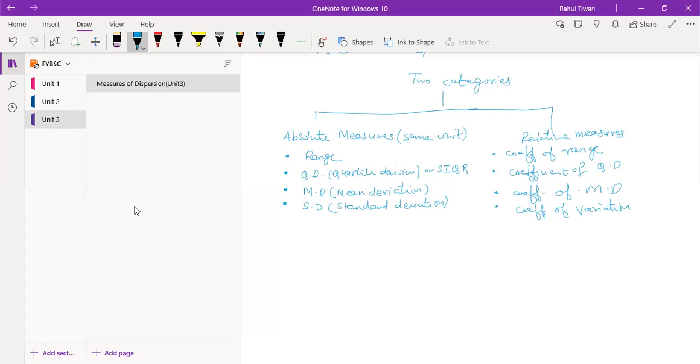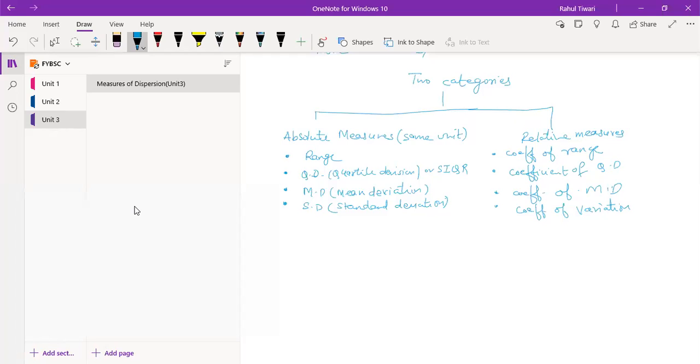You can see here I cannot use absolute measures because the units are different. Absolute measures totally fail. I have to always use relative measures. So remember, whenever you do not have the same units, you can always go for relative measures. That is all basics.